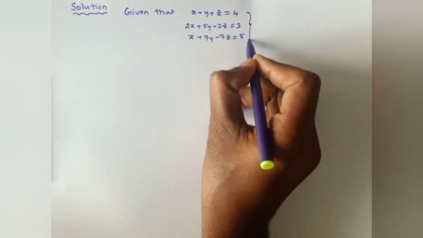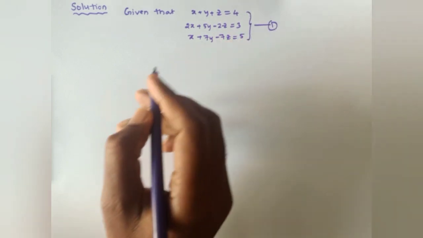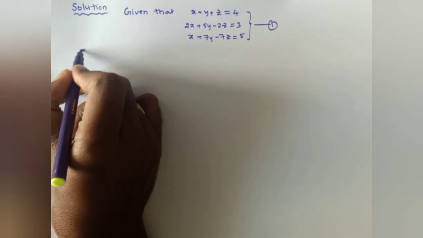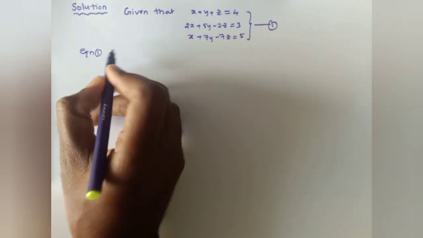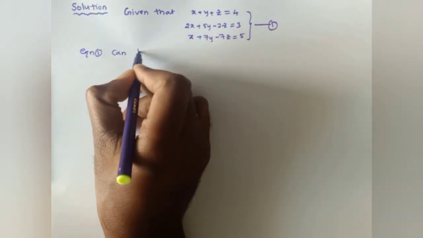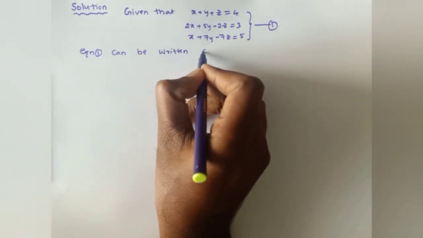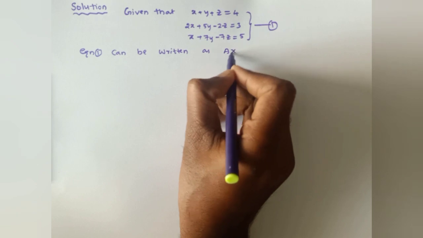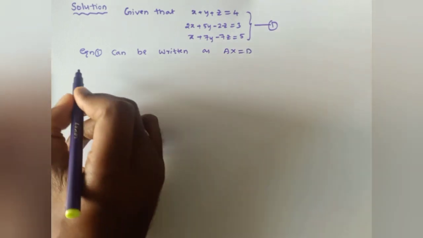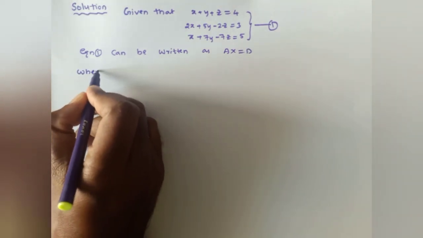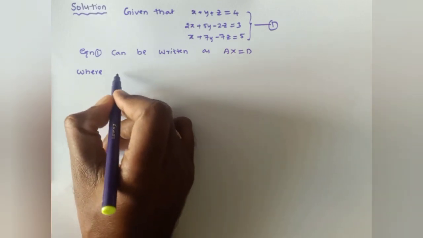Let this system be 1. Equation 1, the system, can be written as a matrix equation AX equals D, where you know what is A, what is X, what is D.